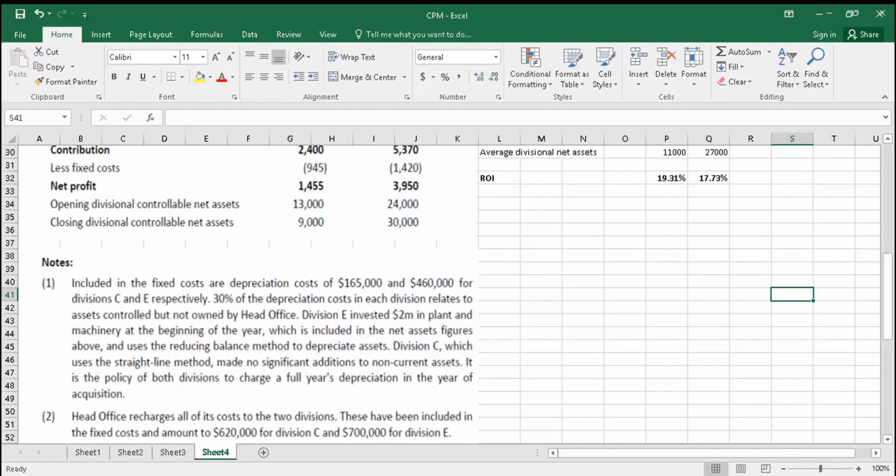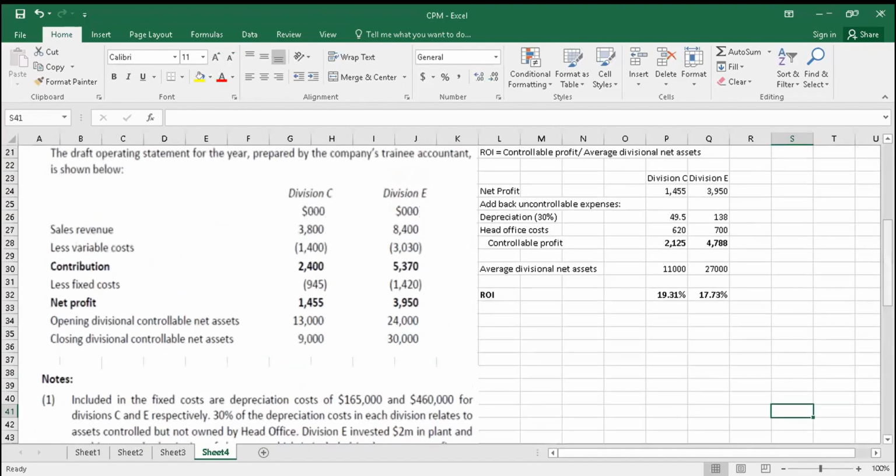Division E, though it has a high amount of investment and a good amount of profit, the profit was double the amount of division C, but still they have 17.73. These are the reasons. Investment increased, the denominator increased, and on the investment in assets, the depreciation method followed by division E is reducing balance. So the current year, the depreciation amount would have been at its highest, which impacts the controllable profit.